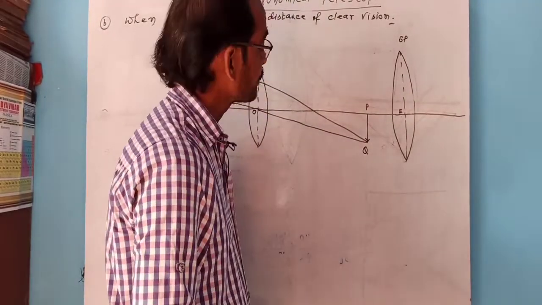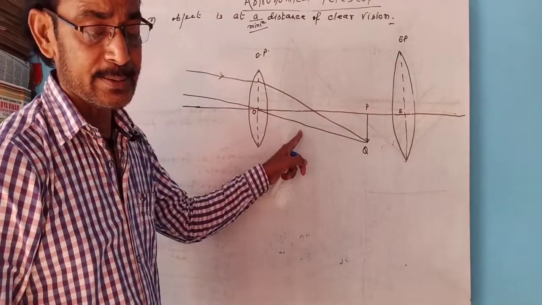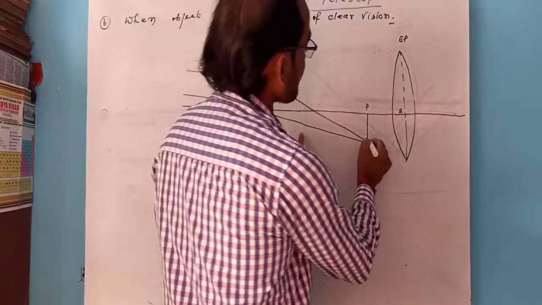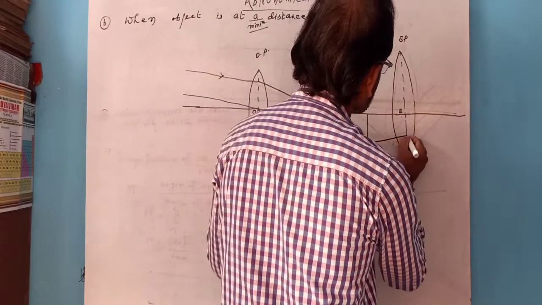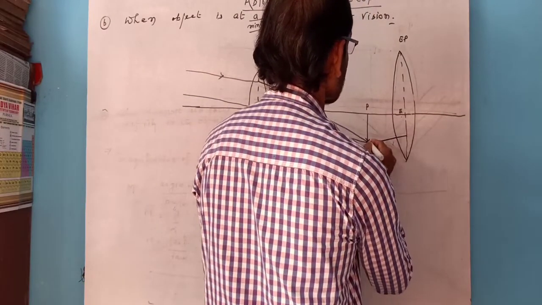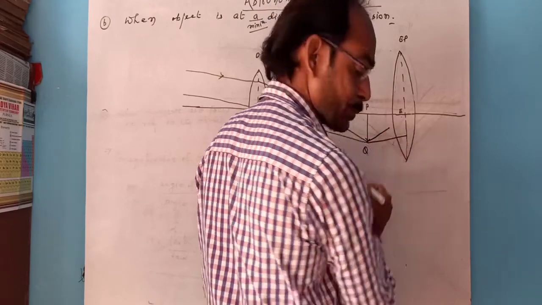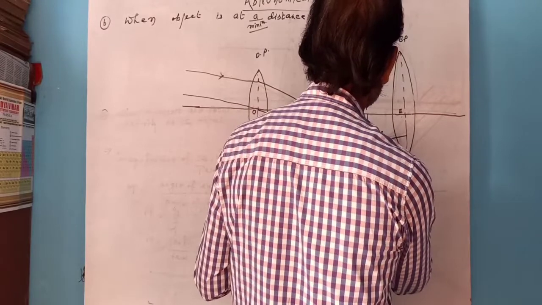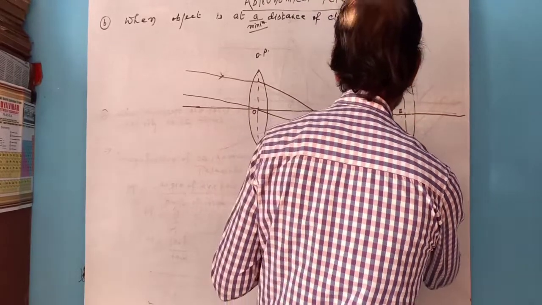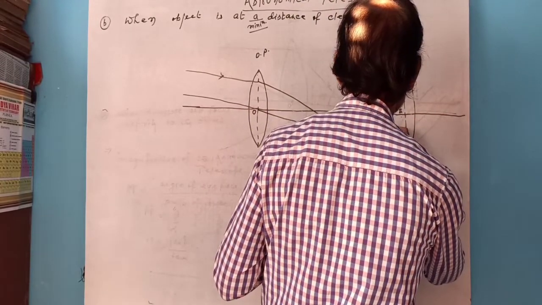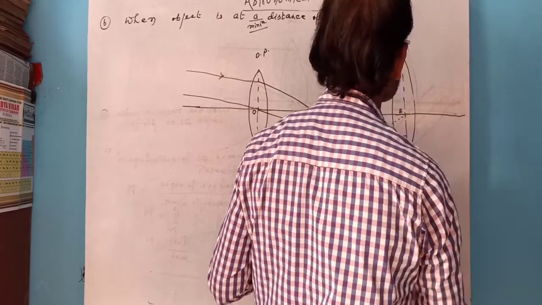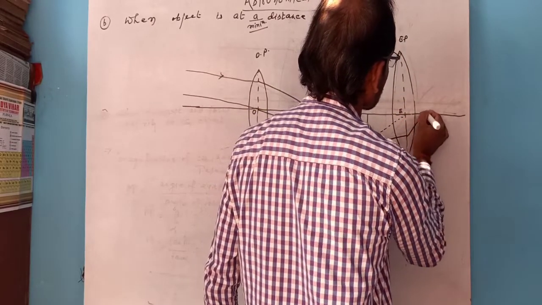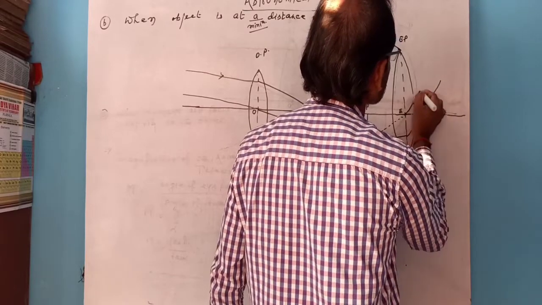Now the second ray is incident on the eyepiece, and the first ray is also incident on the eyepiece through the optical center, and both are refracted forward to the observer.